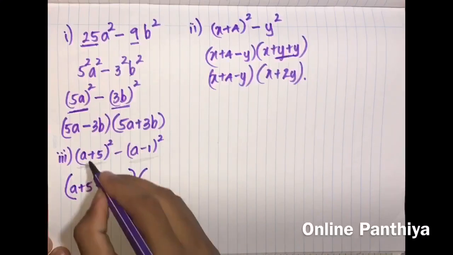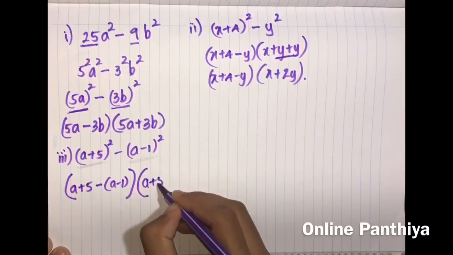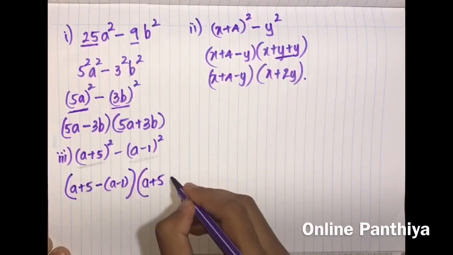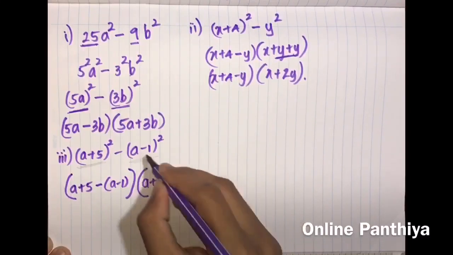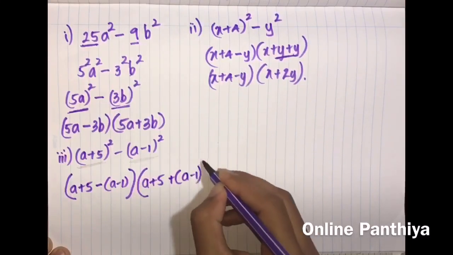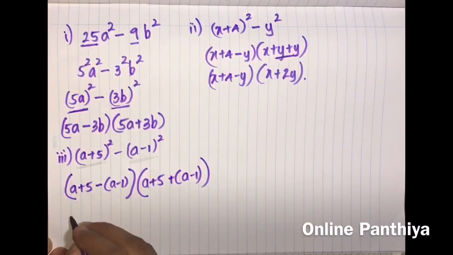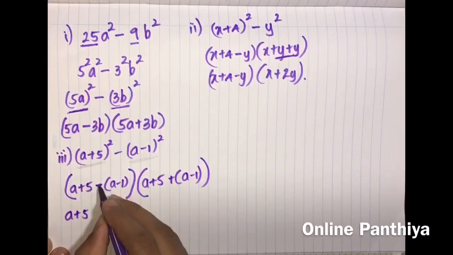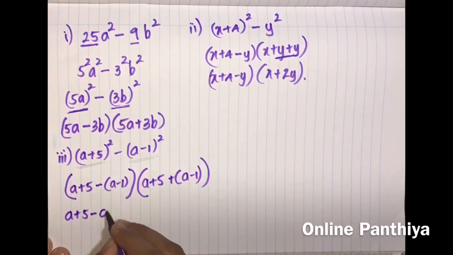In the other bracket, write the first term. Since you used minus here, you should use plus. Plus what is inside this bracket, a minus 1. Now let us solve. You have a plus 5, minus into a will give you minus a, and minus into minus 1 will give you plus 1.